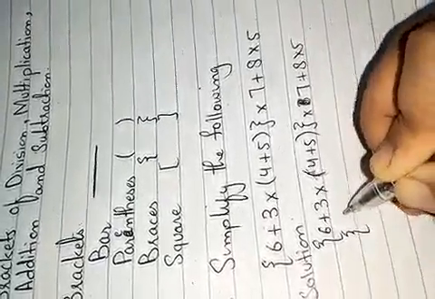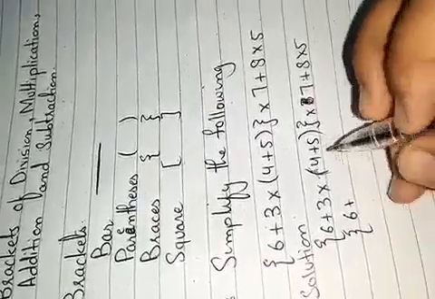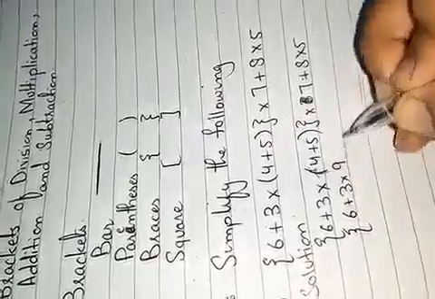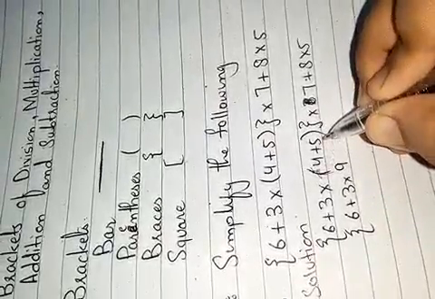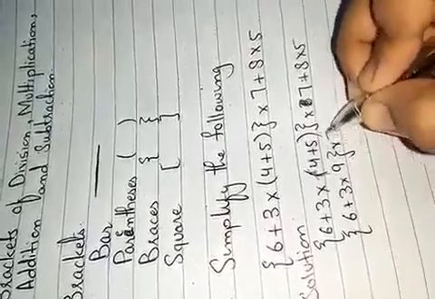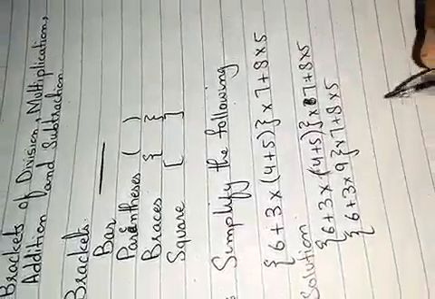So first we solve the bracket and we write the rest of the question as it is. 4 plus 5 is 9. When we solve the bracket, we remove the bracket. Multiply by 7 plus 8 multiply by 5.